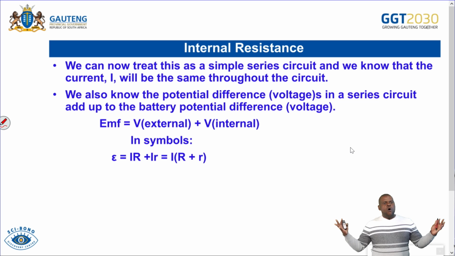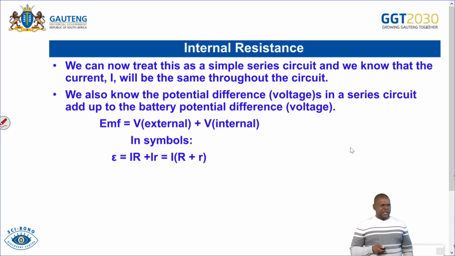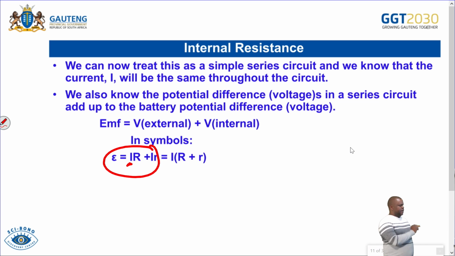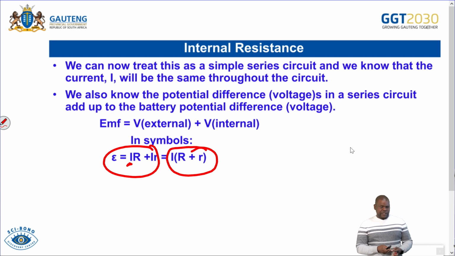That means if you take all the potential differences in a circuit and add them together, they will give you the EMF, because we said the EMF is the voltage of the battery when the battery is not connected to the circuit, or the switch of the circuit is open. Then that formula comes again. Can you see? If you make the current the subject, the common factor, it is going to give you this formula or this equation.